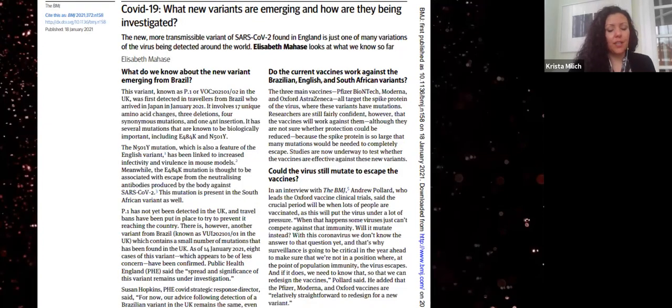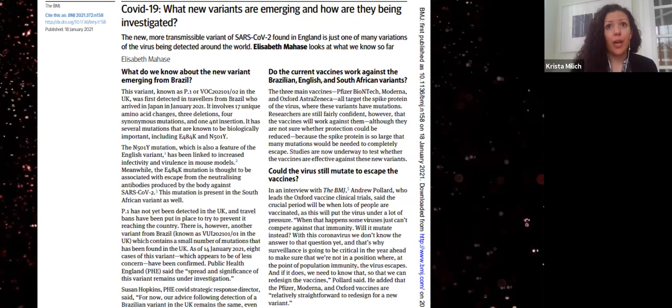In terms of these different variants circulating, there has also been commentary about the need to really focus on safe behaviors. And in particular, the concern about the selective pressure that vaccines may be putting on the virus because of these different variants and how selective pressures may then select for one over the other.